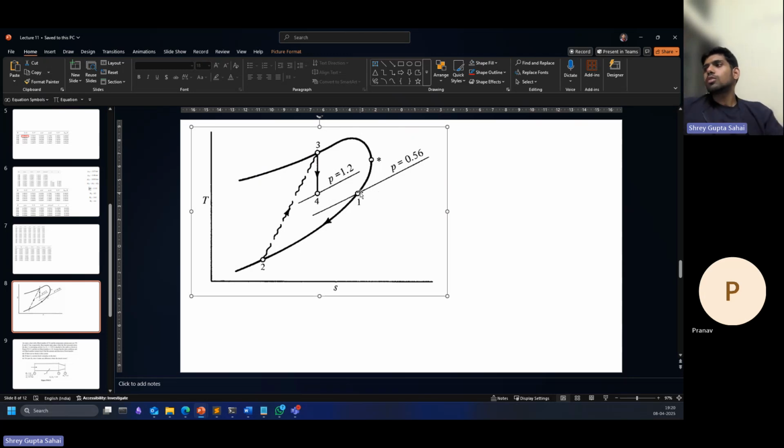From 1 to 2, it was supersonic, and it went away because we were cooling it. Then the normal shock happened, so 2 to 3. Then because of the variable area duct, there's a compression. Is it expansion?